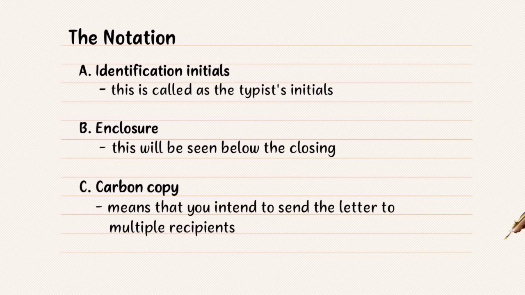So CC, which stands for carbon copy, can be especially useful for letters you want to send up a company or an organizational chain, letting recipients know exactly who else received the same document.